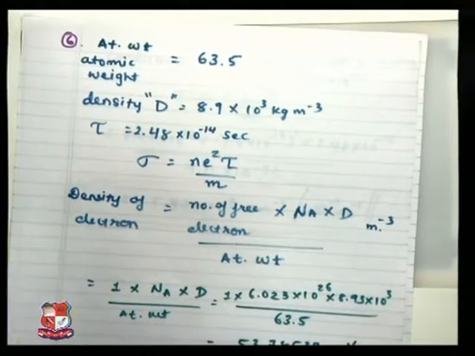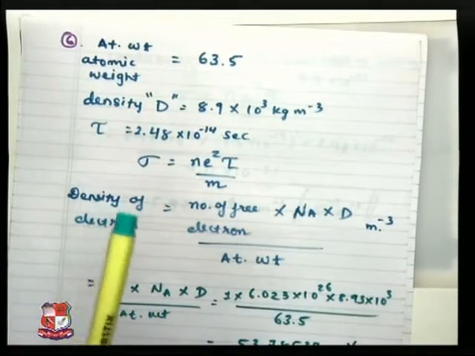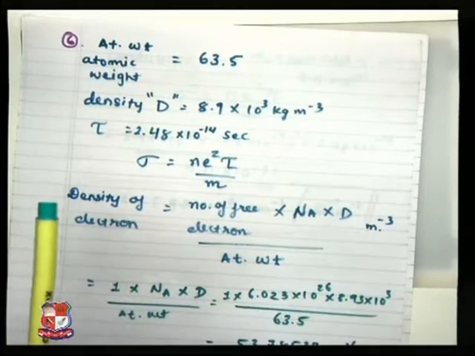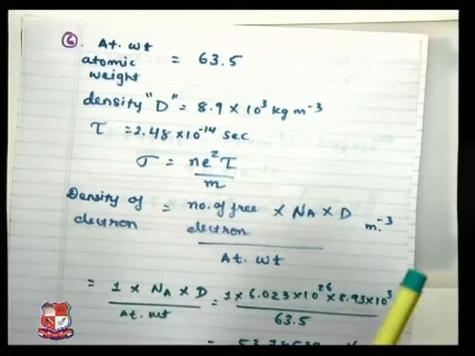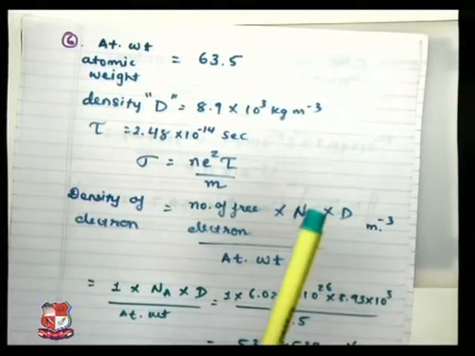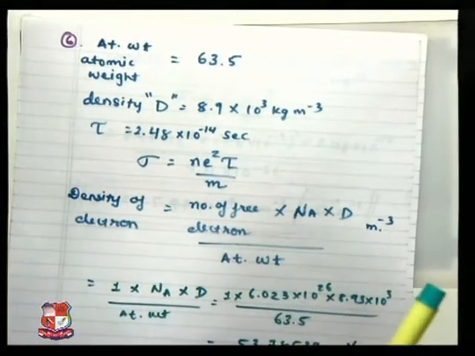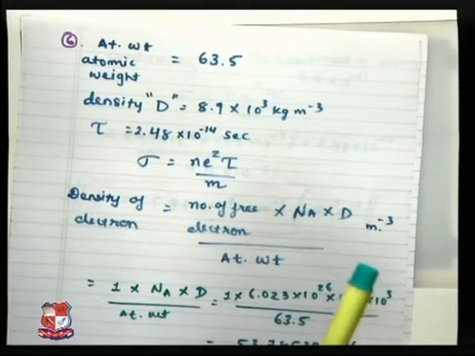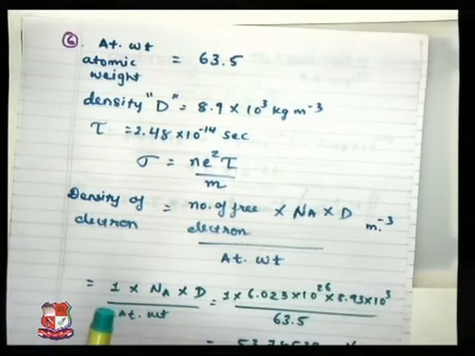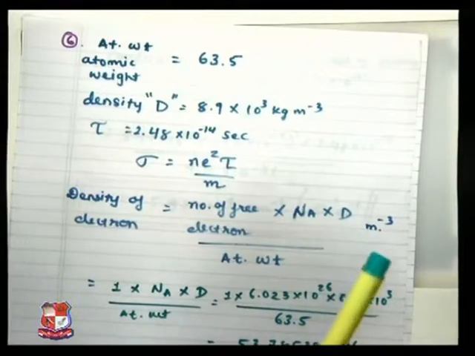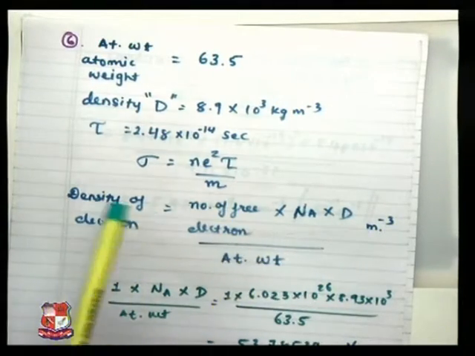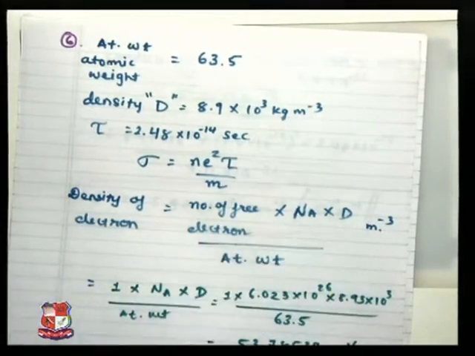By using this equation, you can calculate the number of electrons per unit volume. The unit of density of electron is meter inverse cube, that is, number of electrons per meter cube.